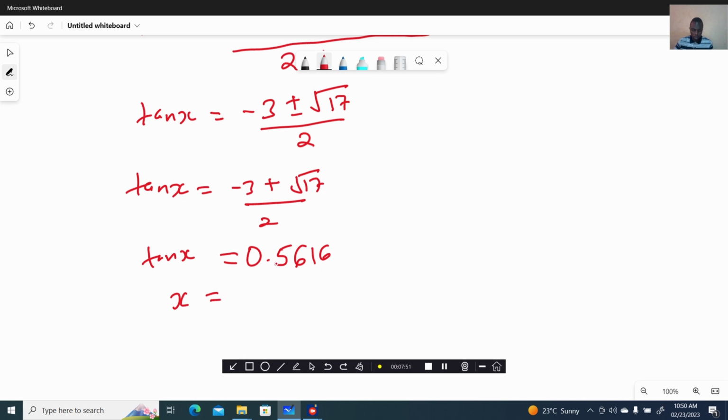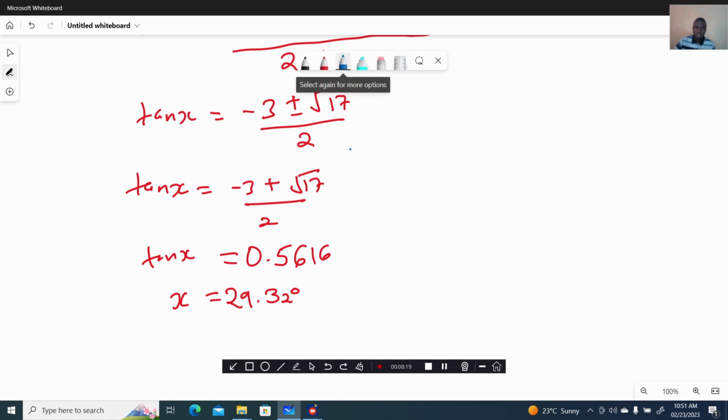So inverse tan of 0.5616 is giving us, by pressing shift tan, the value 29.32 degrees.